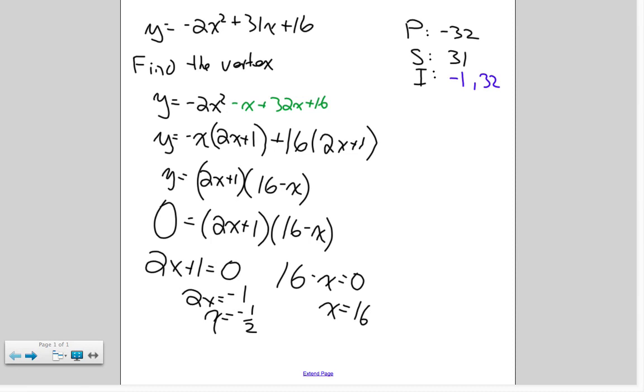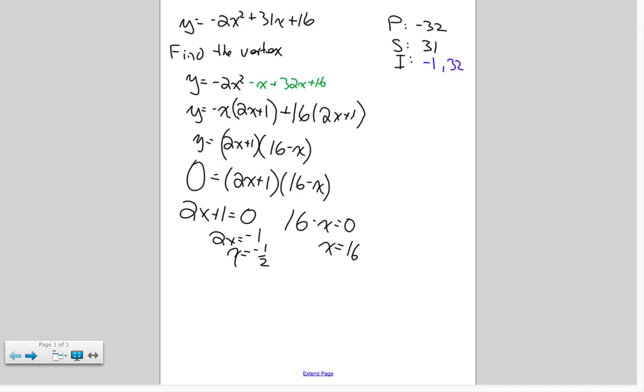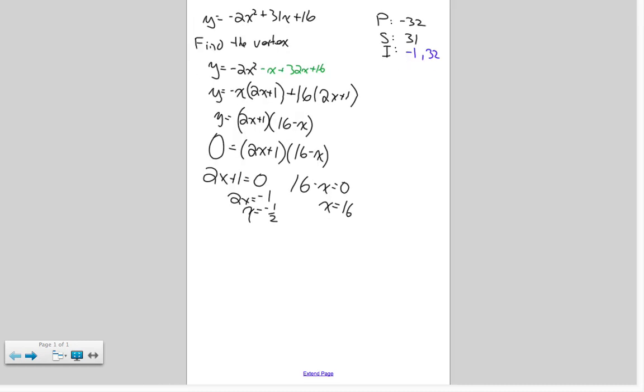Once I have my zeros, I can figure out my axis of symmetry. x is equal to minus 1/2 plus 16, over 2.